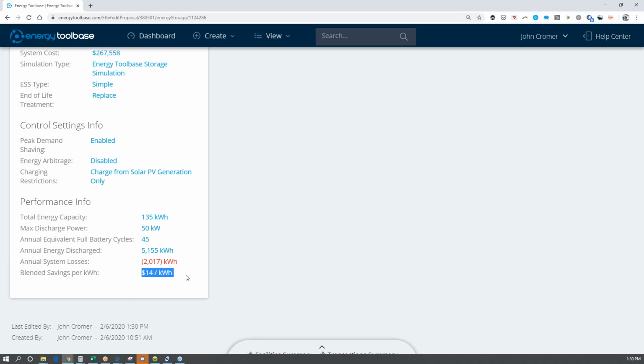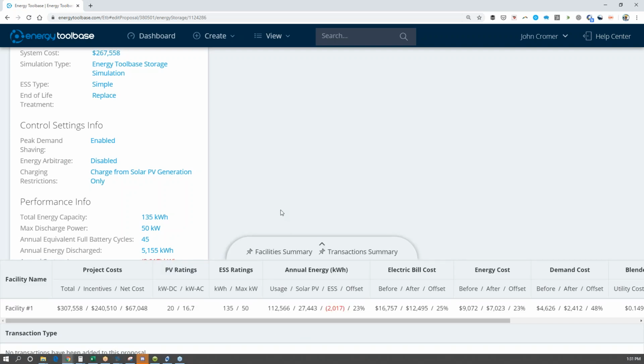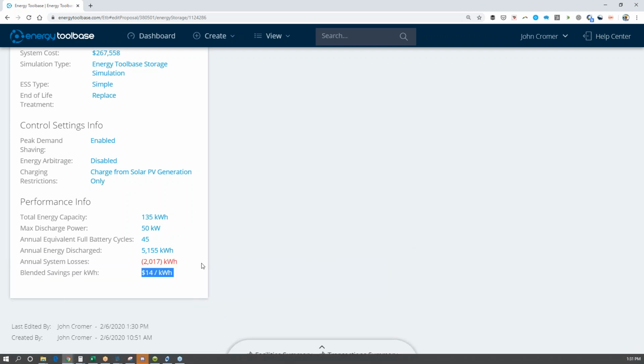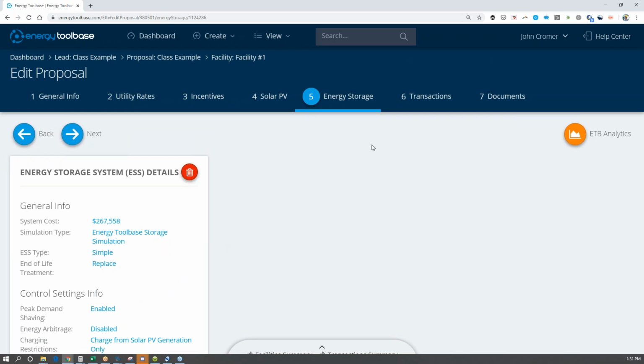And then I have this blended savings of $14 per kilowatt hour. That's really good. I'm charging my batteries at 8 cents a kilowatt hour, and when I'm discharging them, I'm saving $14 a kilowatt hour. So that lends itself to a decent payback.